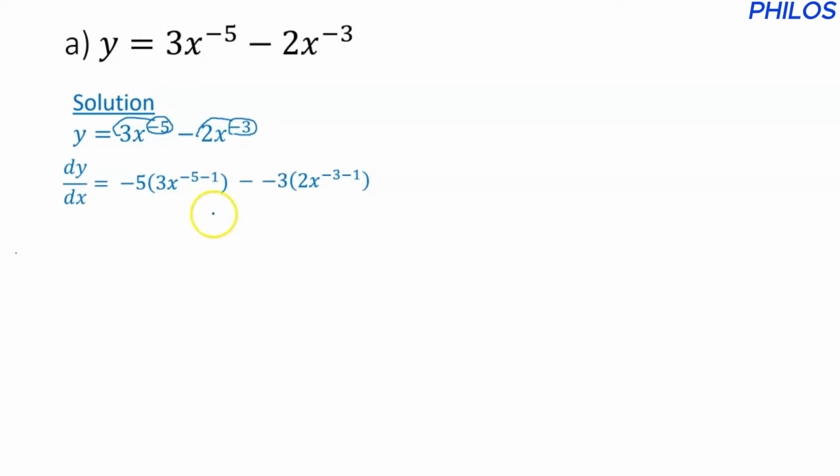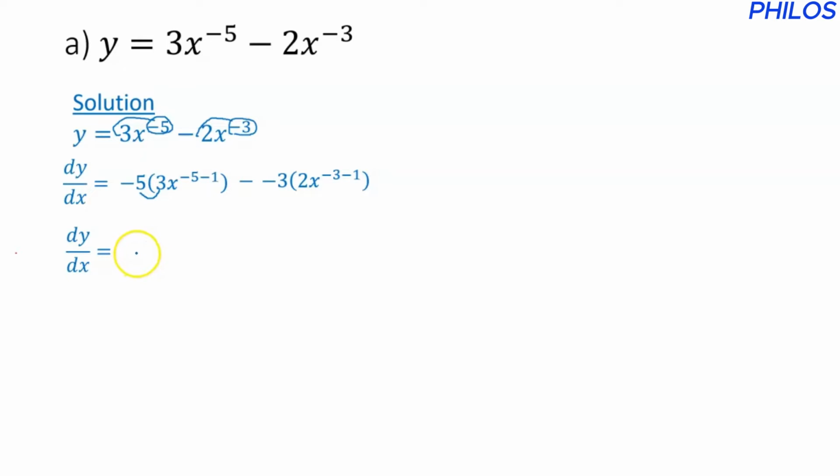Have you seen that? So then dy over dx will now be equal to, so let's multiply this and this. Negative 5 times 3 should give you what? Negative 15, isn't it? And negative 5 at the exponent, negative 5 minus 1 should give you what? Negative 6.